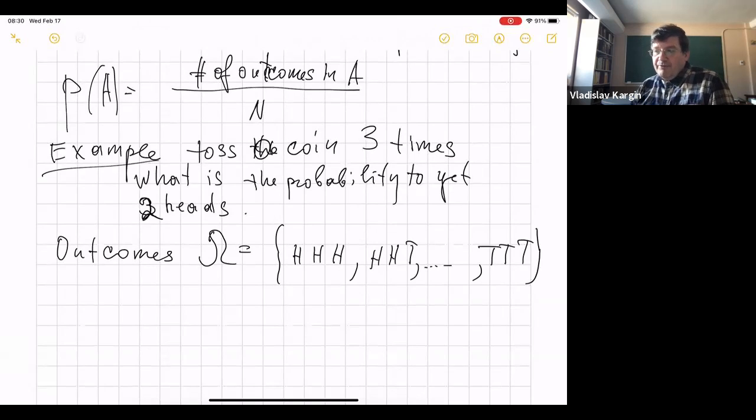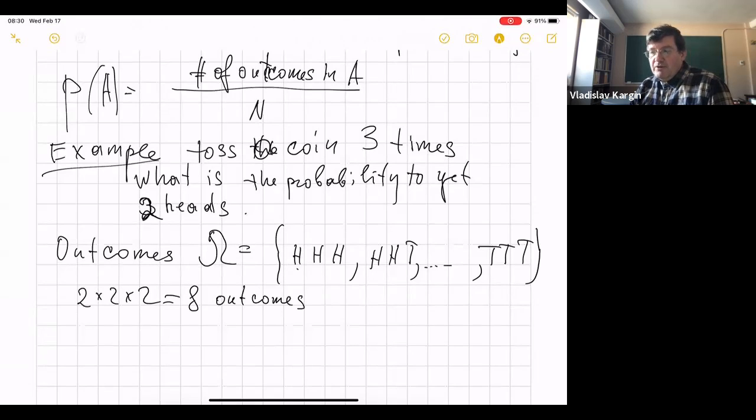The first time we toss a coin, it could be head or tail, so 2 possibilities. Second time, also head or tail, 2 possibilities. Third time, again 2 possibilities. So 2 times 2 times 2, so 8 outcomes.